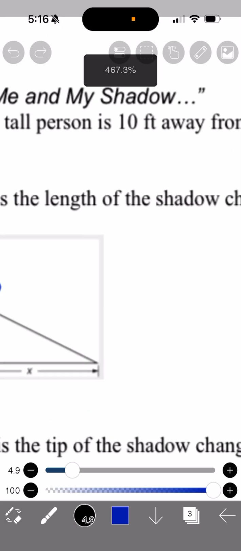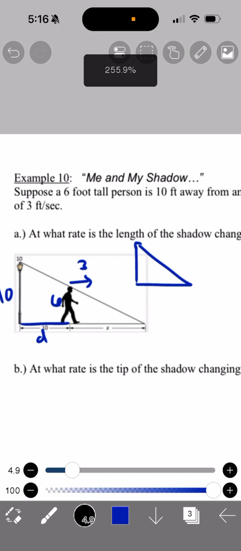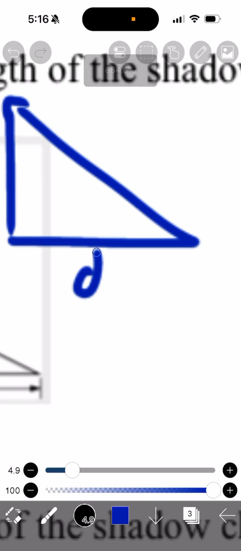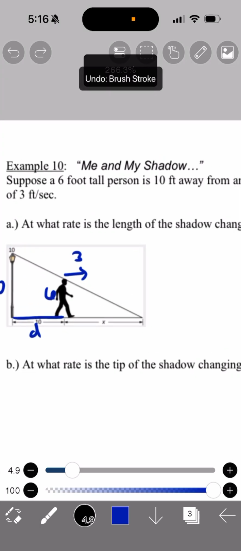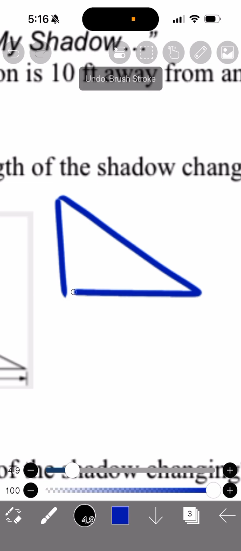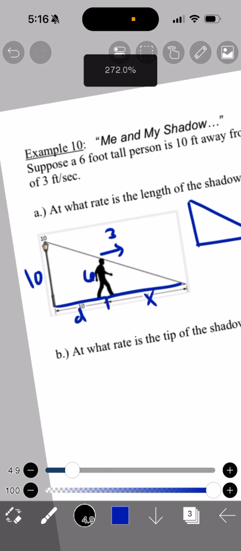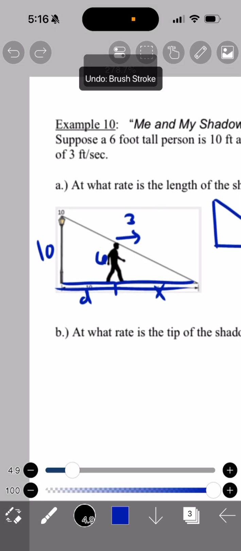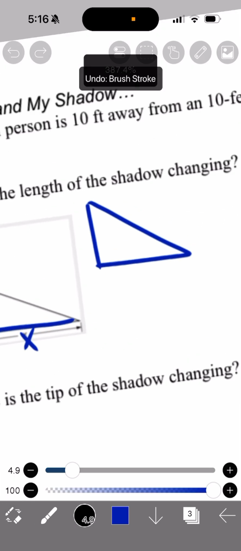All right, let me draw the big triangle. Oh wait, sorry, our huge triangle is all of this, so I already messed that up. This value here is X. So for our whole thing, it's going to be D plus X, because you just have to add those two together. So D plus X at the bottom.